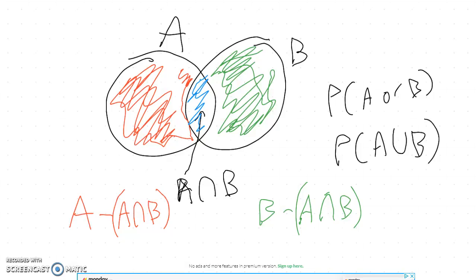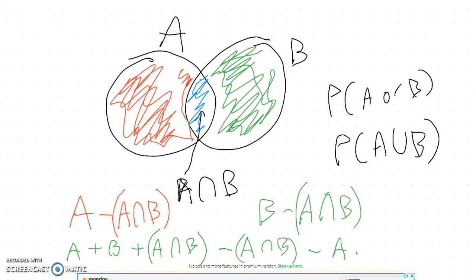So in order to get the total, I would do A minus A intersect B plus A intersect B plus B minus A intersect B. So that's going to be basically A plus B plus A intersect B minus A intersect B minus A intersect B. And so these two just cancel out, right?